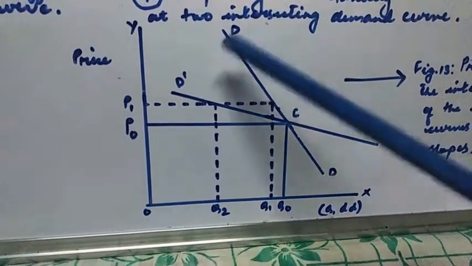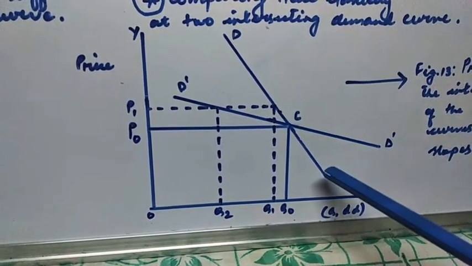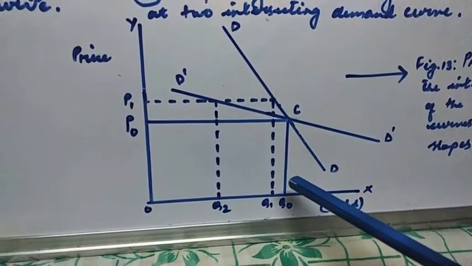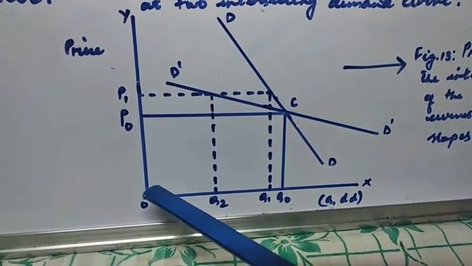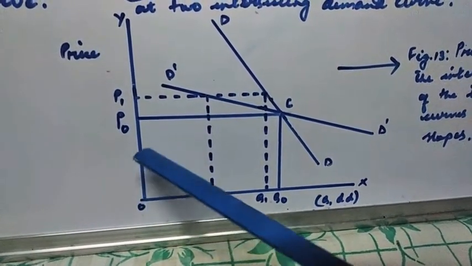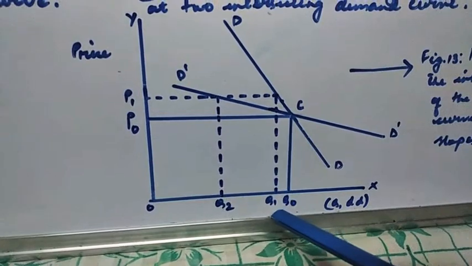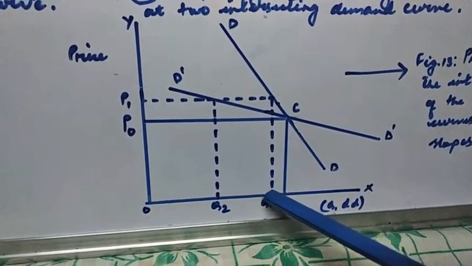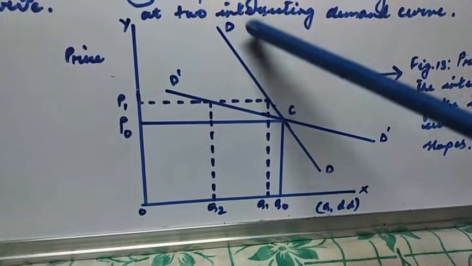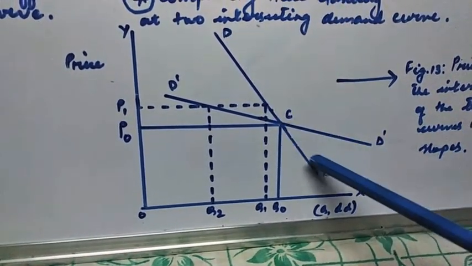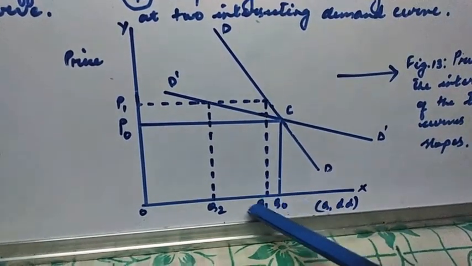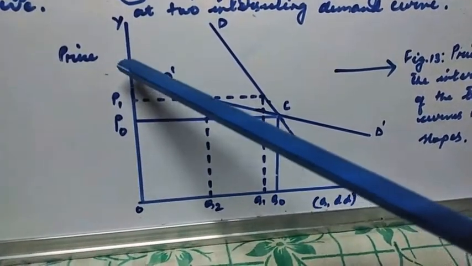But in the case of the steeper demand curve, the amount of quantity that has changed because of the rise in price is just from OQ0 to OQ1, which is a very small amount. So for a demand curve which is steeper in nature, the change in quantity demanded is very small when price has increased.